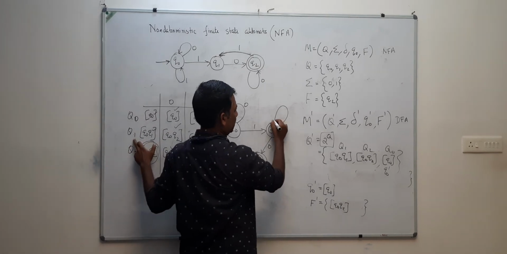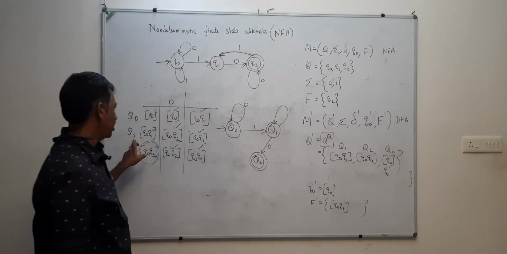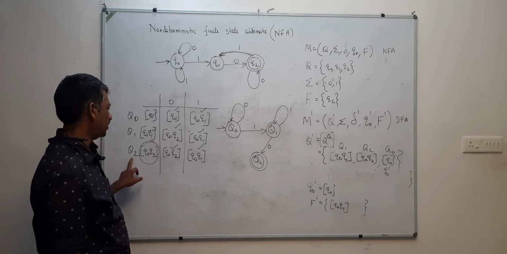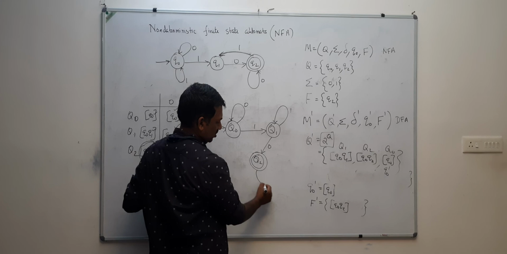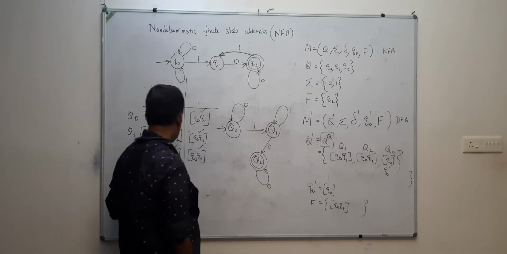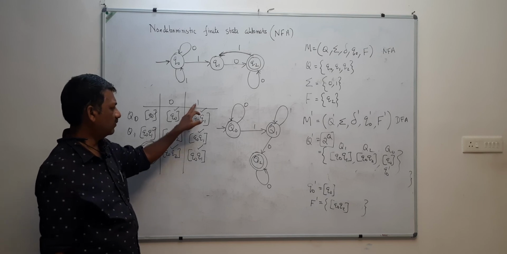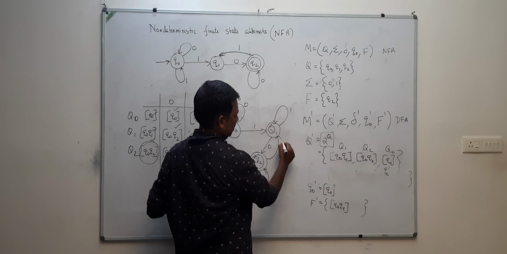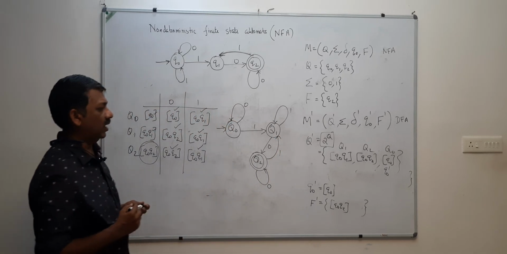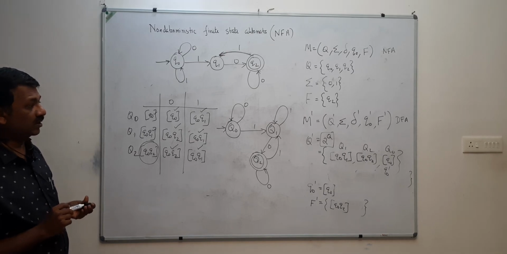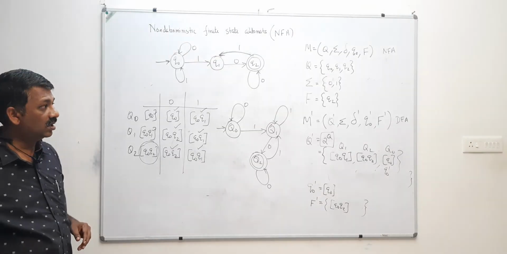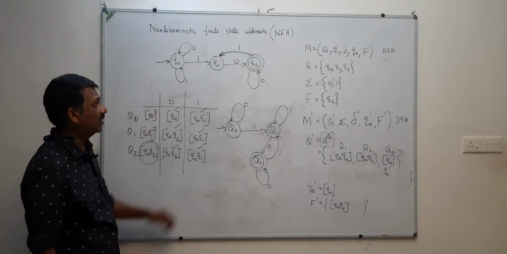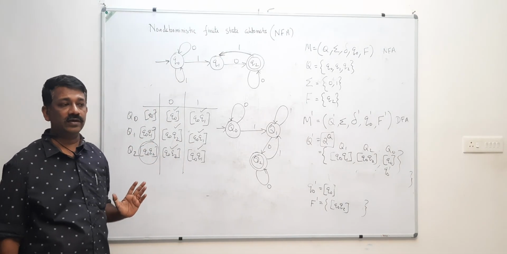And q2 upon reading 0 stays in the same state, and q2 upon reading 1 moves to q1. So this is the way we can convert. Here q2 is the new final state.